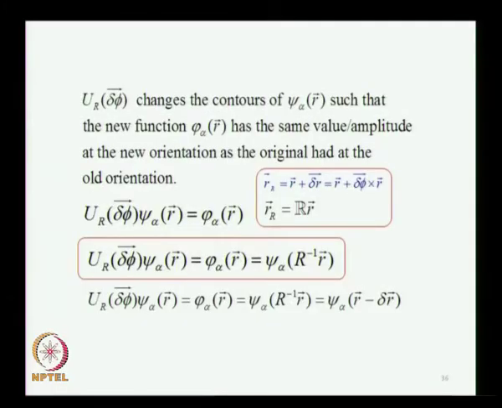Okay, so phi must be expressible as psi whose argument is r inverse of r, and now we have almost solved this. Okay, that is the connection. The rest of it is very simple algebra. So once you get this idea home, you know that this function whose argument is shifted by r inverse, this r inverse of r, you know is psi of r minus delta r.